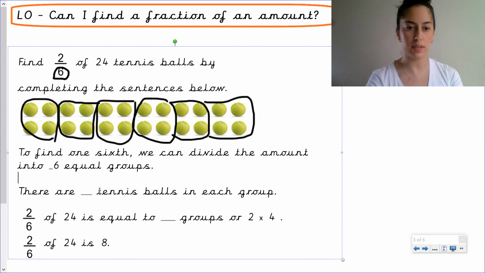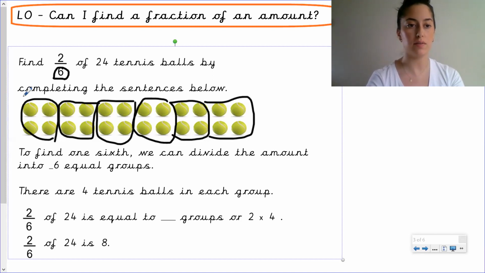There are 4 tennis balls in each group. 2/6 of 24 is equal to how many groups? Well, we need to look at our fraction. Our numerator is 2, so we need to consider 2 of the groups instead of 1, like we did in the previous slide. This is 2/6 instead of 1/6, so we need 2 of the groups.